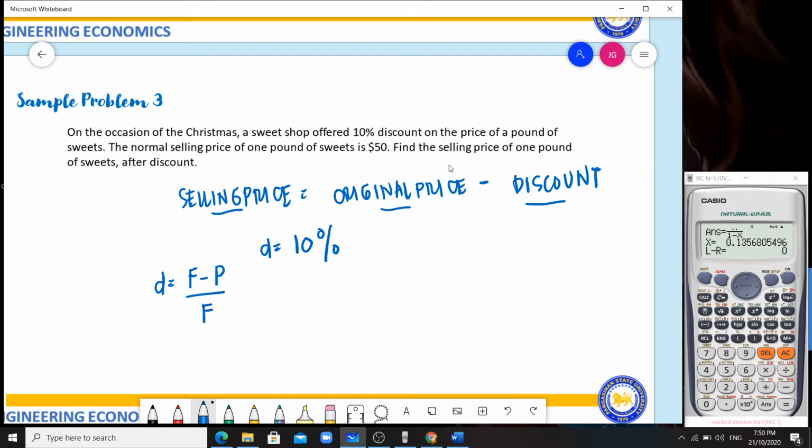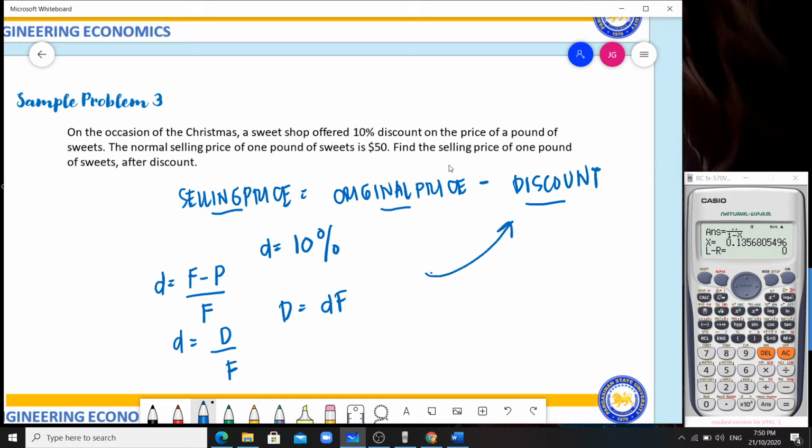And this discount rate is equivalent to D over F. Right? So, the discount price is equal to DF. That's the discount price.